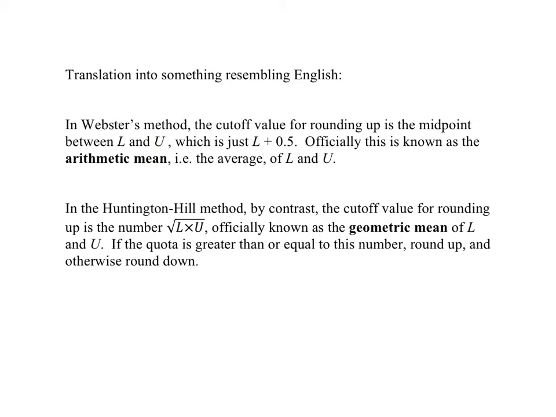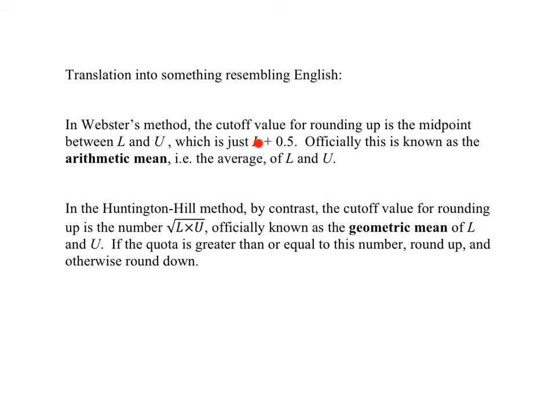So if you're deciding whether to round up or down, you're essentially comparing the number to L plus 0.5. If you have a quota that's 2 point something, then you compare it to 2.5. If the quota is 7 point something, you compare it to 7.5. If the quota is 129 point something, you compare it to 129.5.